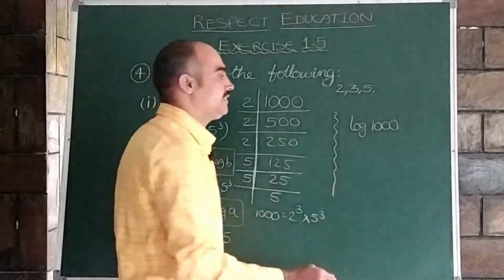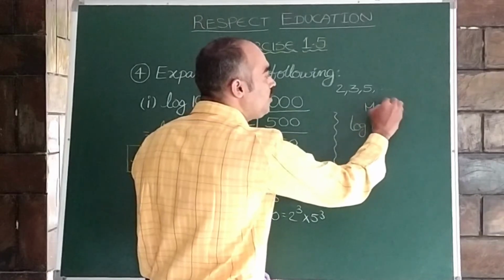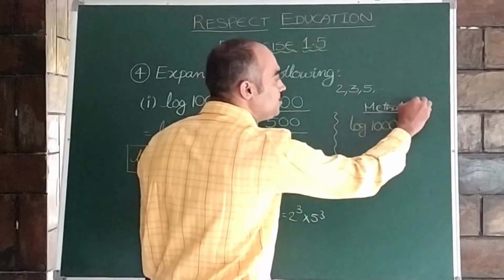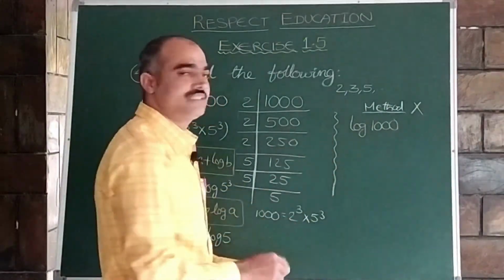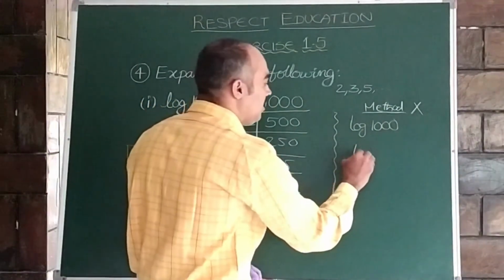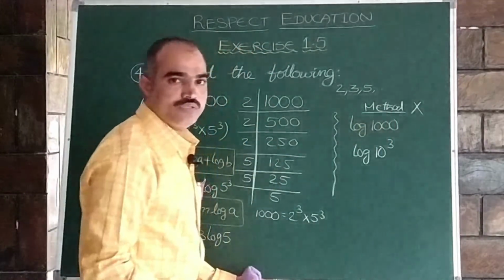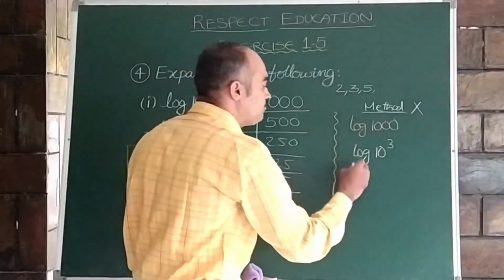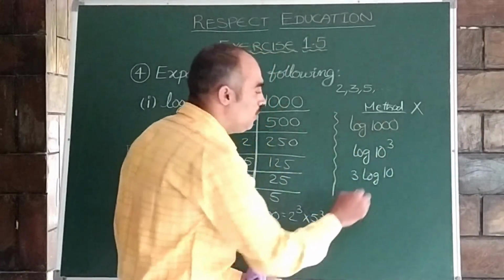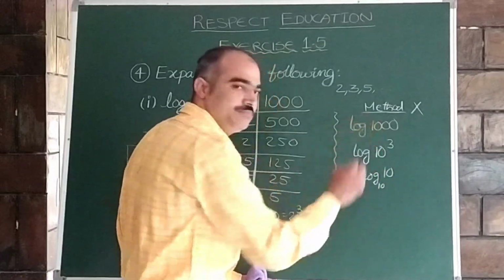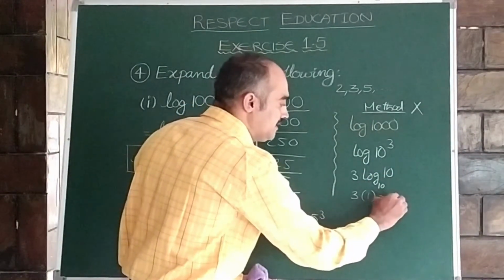Here you need to understand children, this is the method which we should not follow, because by mistake you may follow this, that's why I am saying you. So here it is log 1000 is 10 cube, so this 3 comes forward, it is 3 log 10. So here no base is there, means we can take 10 as base. So 3 times log 10 base 10 is 1, so it is 3.